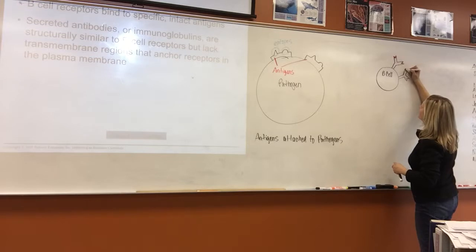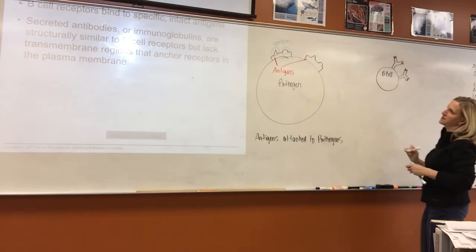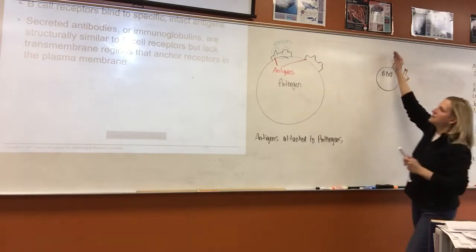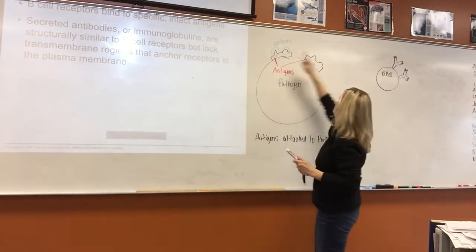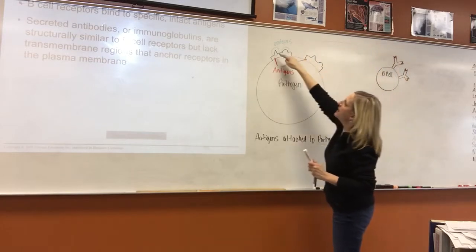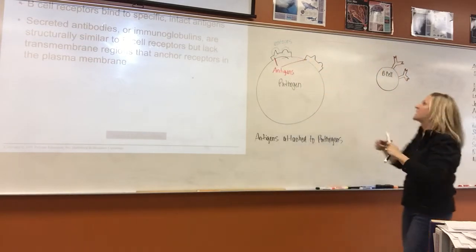I'll highlight here. These guys are the same, so all 100,000 of them have the same shape at the end. Why is that shape important? This is the shape that can bind to an epitope. Notice here I drew an indentation that's pointy there, and that could bind to this particular epitope. So they can match up together.